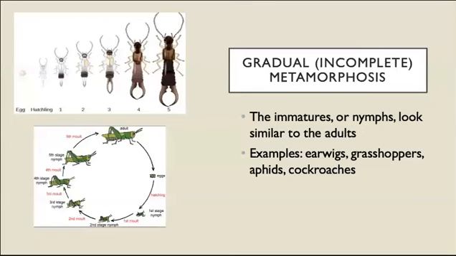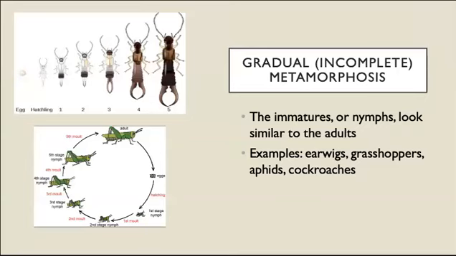So here's a look at that incomplete metamorphosis. It's also called gradual metamorphosis. So the insect progresses very gradually from an egg to a nymph, and then the nymph is the immature stage, like in a grasshopper or true bugs or this earwig here. And the nymphs often look very similar to the adult stage.